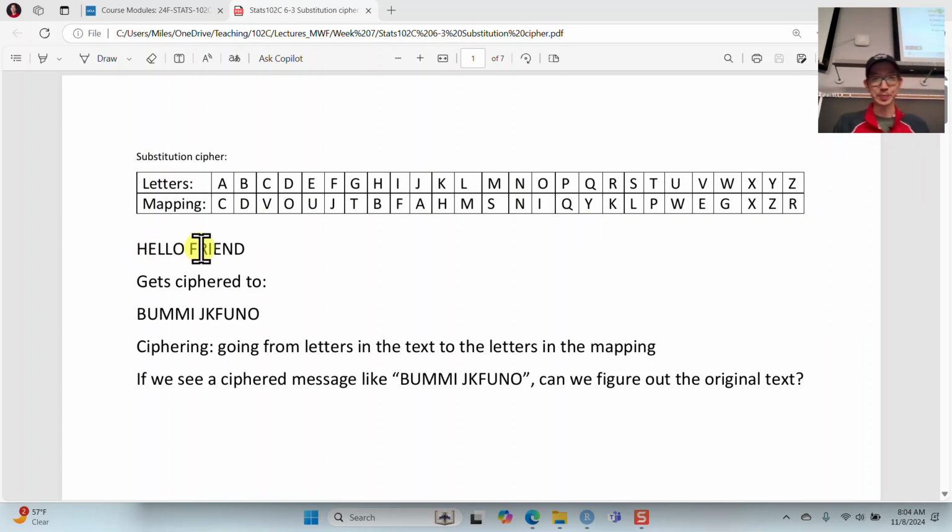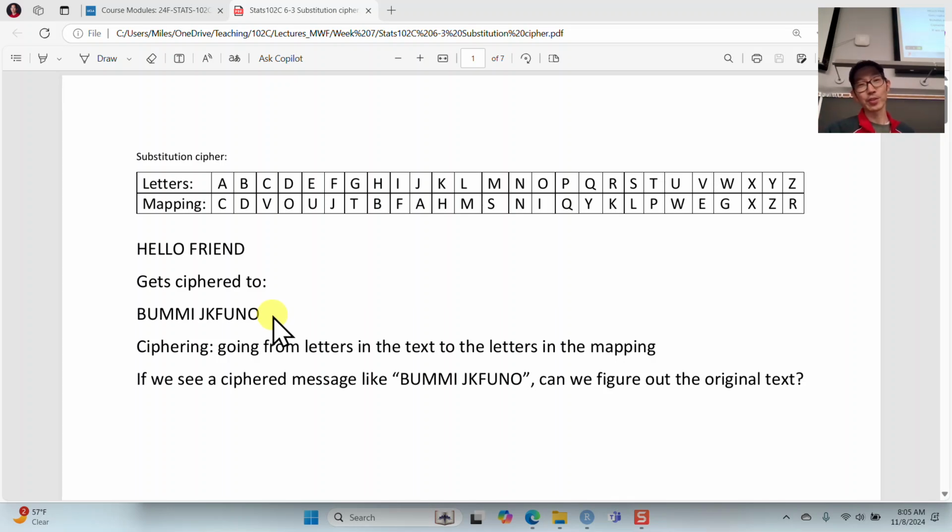And so if you wanted to send the message "hello friend," you would substitute H with a B, the E with a U, the L with an M, the O with an I, and so hello becomes BUMMI. And then friend, F becomes J, R becomes K, and so on and so forth, and friend becomes JKFUNO.